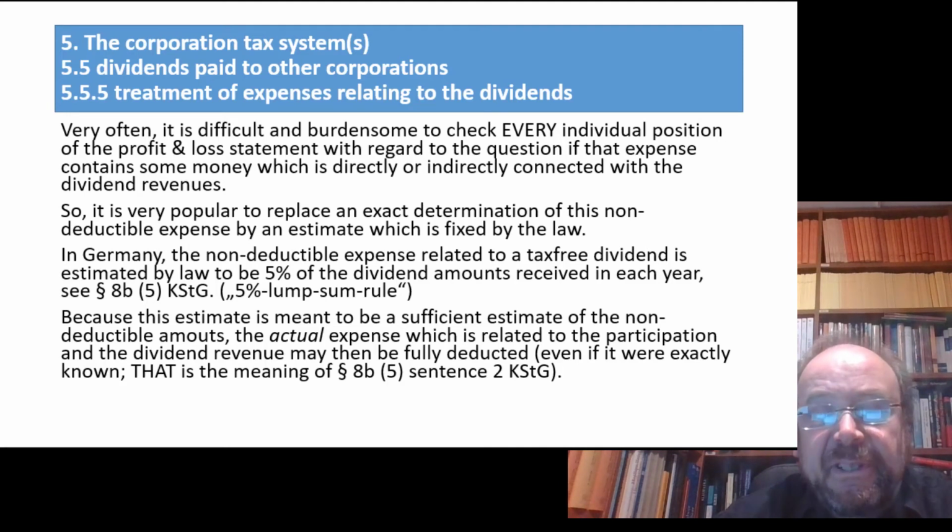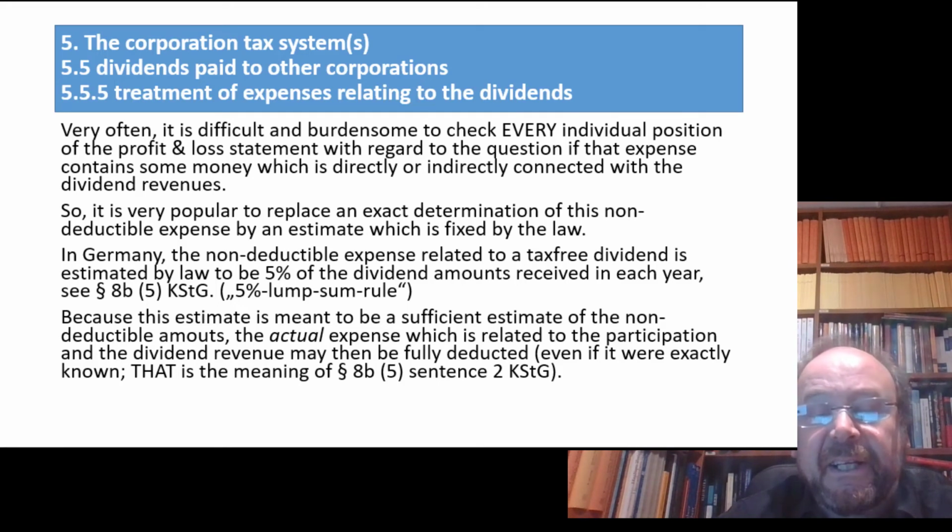Because that estimate is meant to be correct, to deal with all the expense problems, the logical consequence is that the actual expense doesn't have to be checked. The actual expense of a participation can then always be fully deducted, even in cases where it's clearly seen and undisputable that this expense, for example, interest expense on a certain credit, is related to that participation.